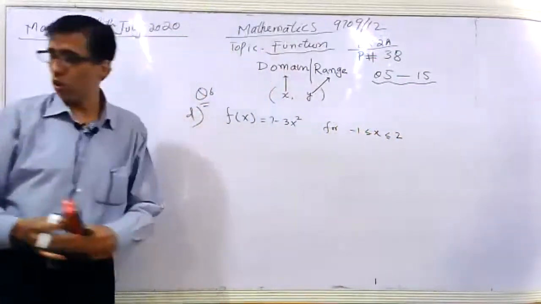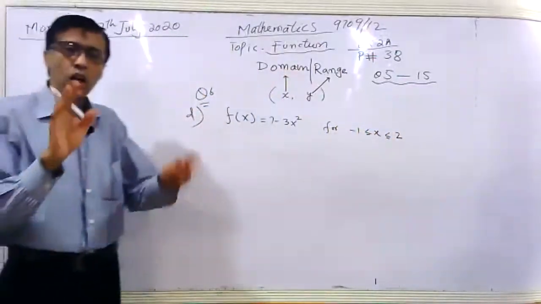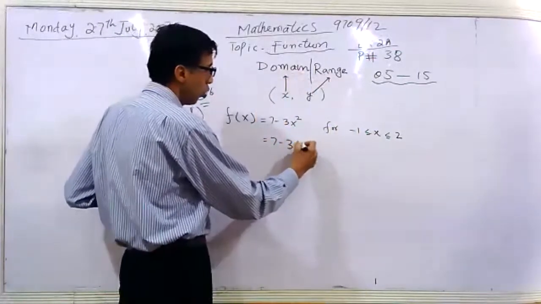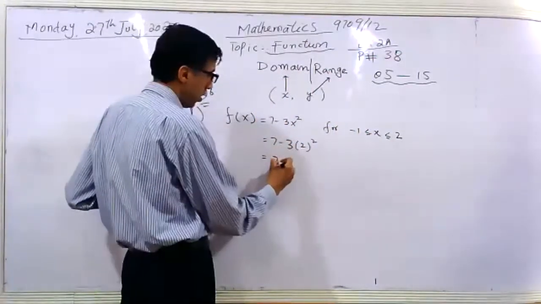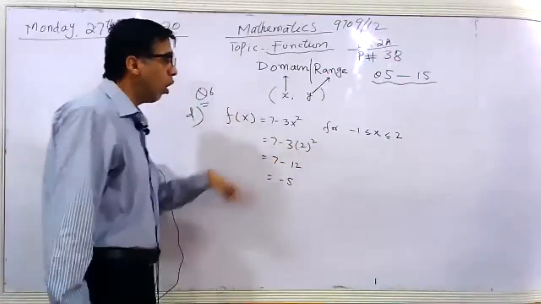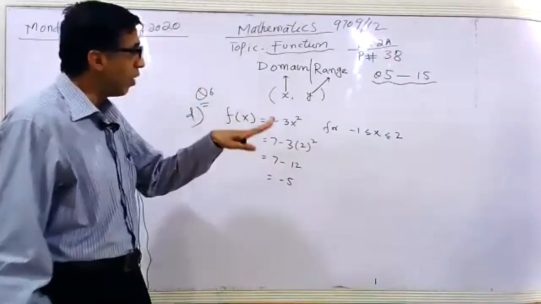For minus 1 to 2. First, I will get the maximum value by keeping 2 in this equation, minus 5. Now, I will have to see where the value of minus 1 lies.